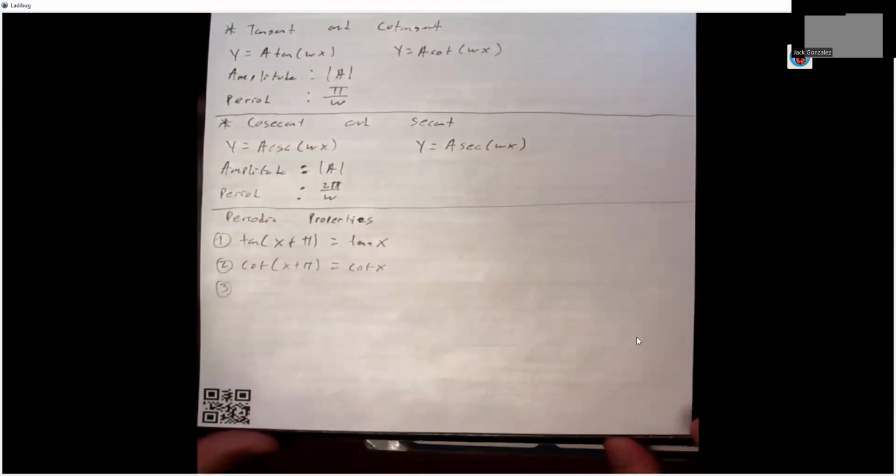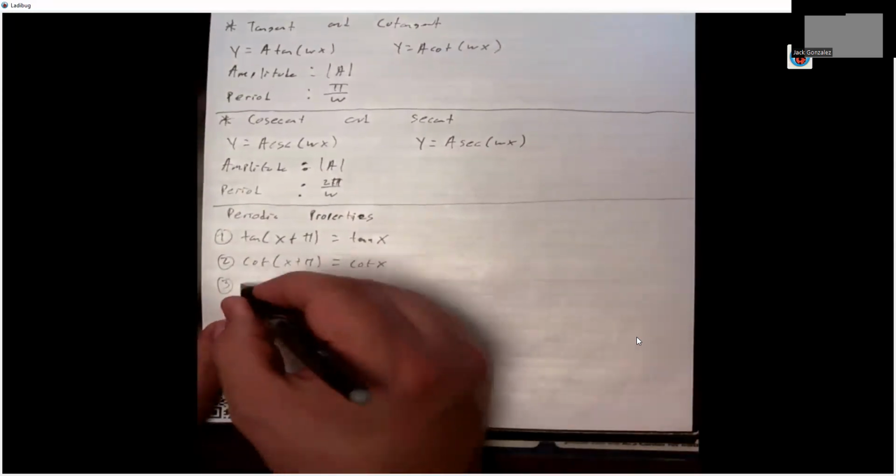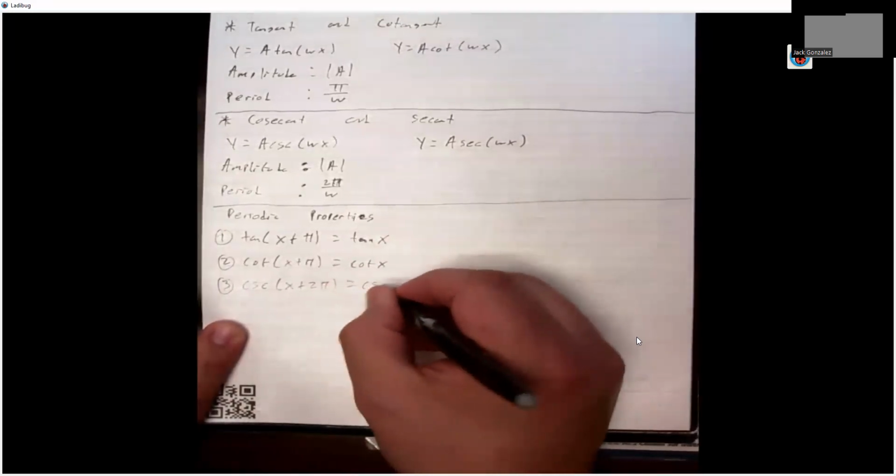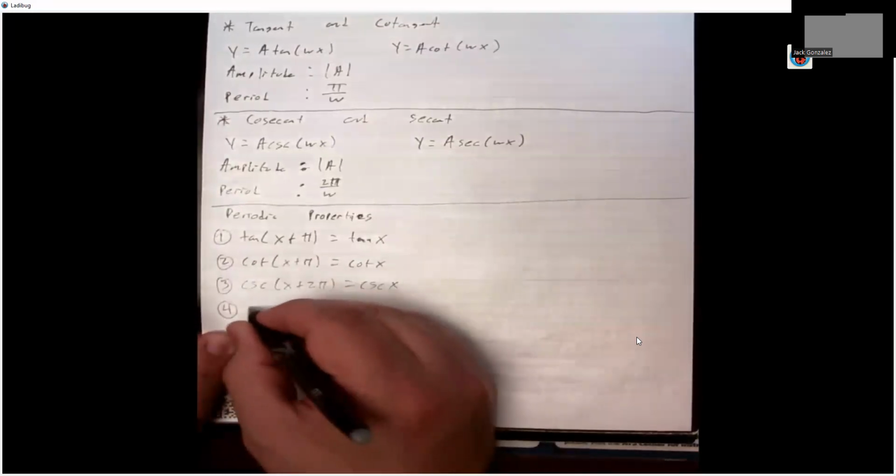Same deal, since they are reciprocals of each other. Number 3. Cosecant of x plus 2 pi is equal to cosecant x. These are periodic when you add 2 pi.